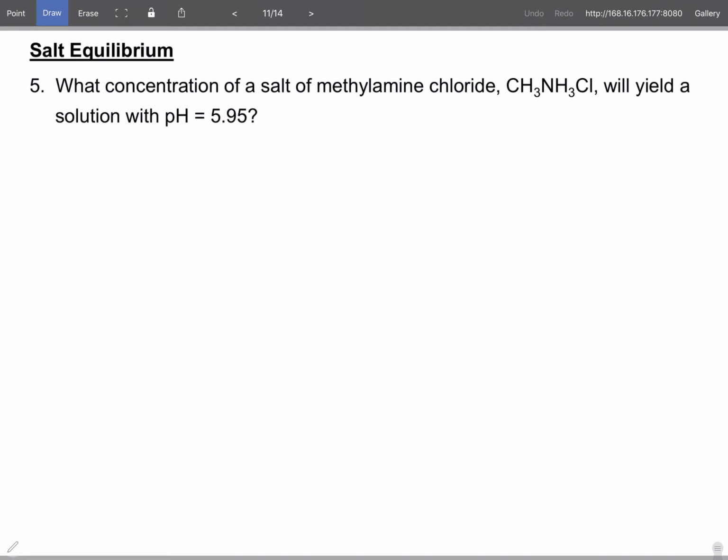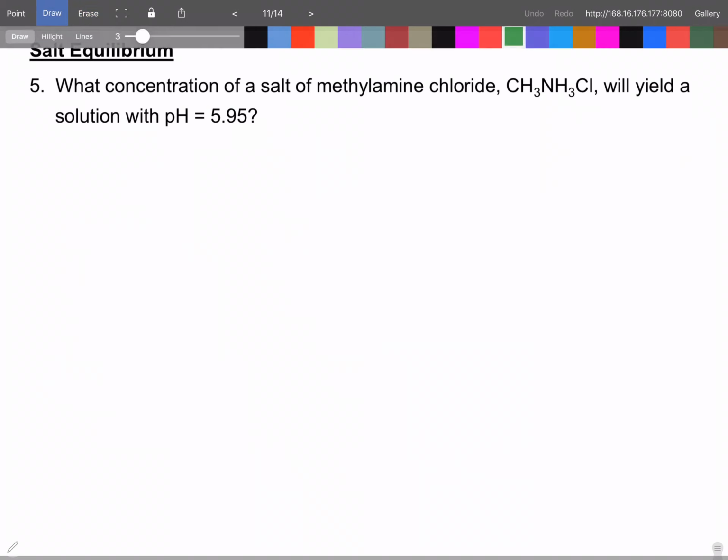Alright, so that brings us to, wait a minute, we can do exactly what we did with weak acids and weak bases with salts. So what concentration of a salt of methylamine chloride will yield a solution with a pH of this species?